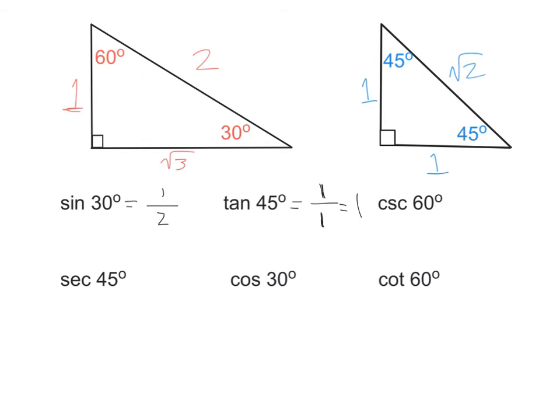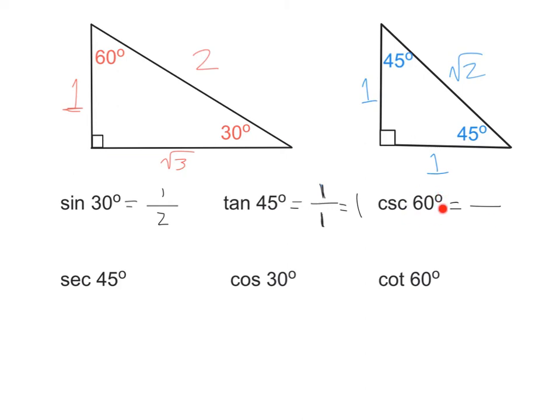All right, cosecant. Now think for a minute, what is the cosecant ratio? Well, the cosecant ratio is the reciprocal of the sine ratio, right? So if the sine ratio is opposite over hypotenuse, the cosecant is hypotenuse over opposite.